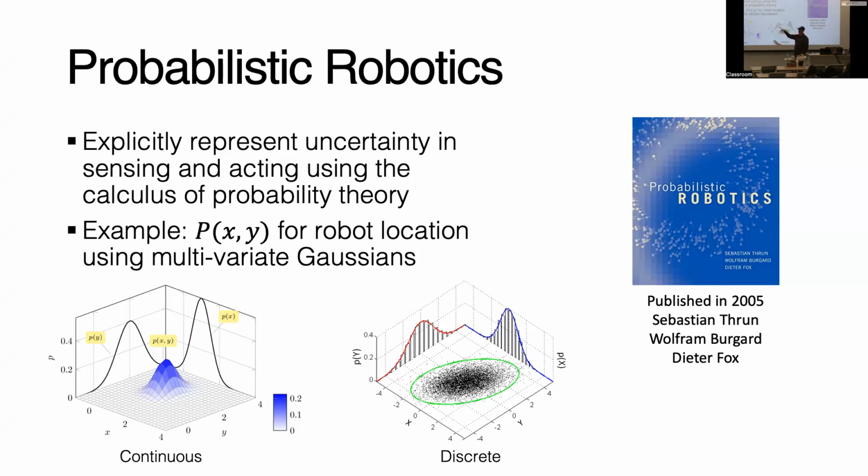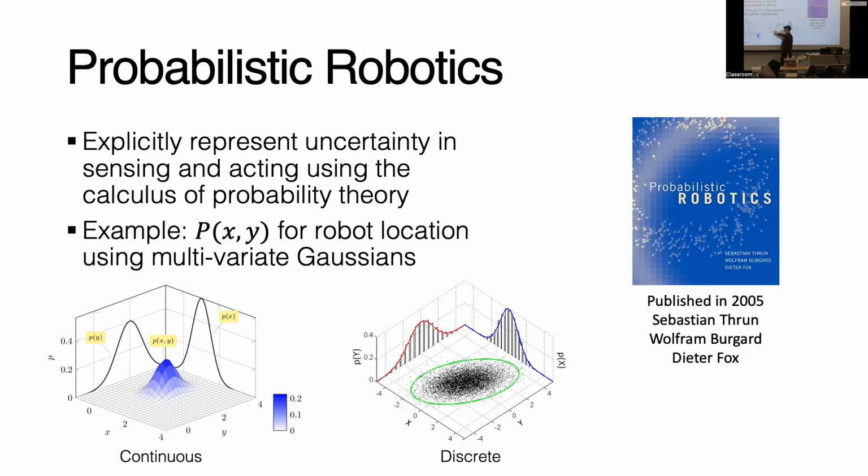using probability theory. As an example, if we're trying to represent the location of a robot in our environment, instead of just representing that as a point, we're going to be representing that as a multivariate distribution in the degrees of freedom of our robot. So in this case, X and Y, because it's really hard to show a 3D multivariate distribution.